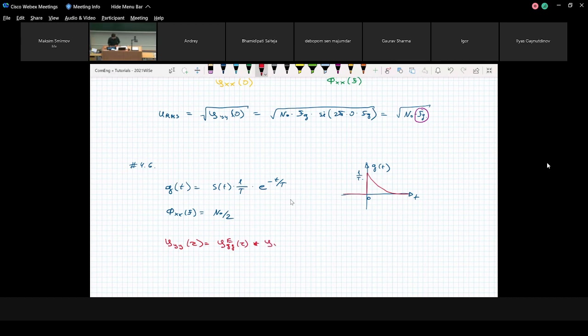and the autocorrelation of the input. Or we can calculate the Fourier transform and say that the output power spectral density can be found as the absolute value squared of the transfer function times the power spectral density phi xx of f.